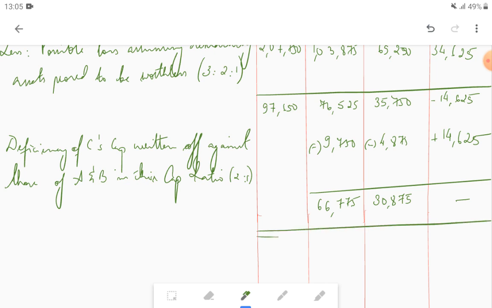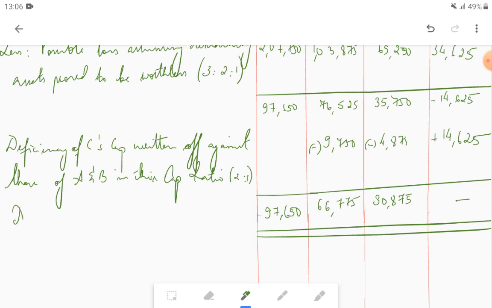So what is the total? Let's just calculate the total. 66,775 plus 30,875 should amount to 97,650, which is the exact amount of your realization available. So basically this is the manner in which this amount is going to be distributed.